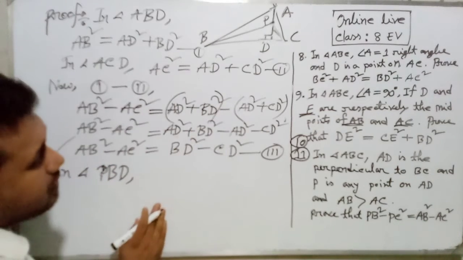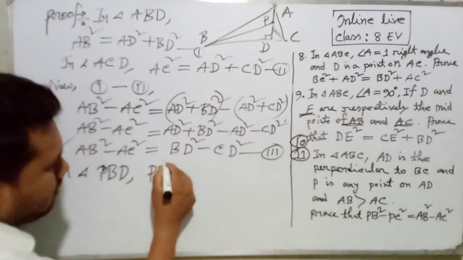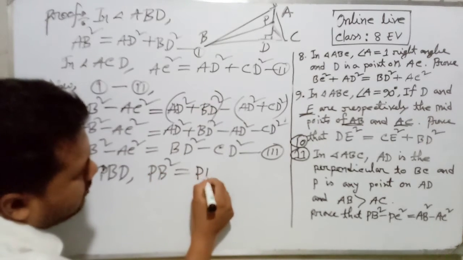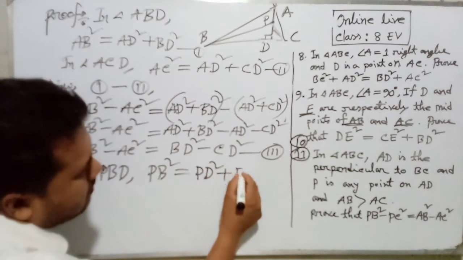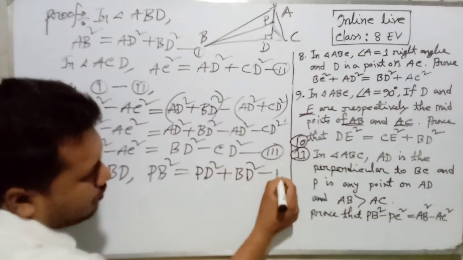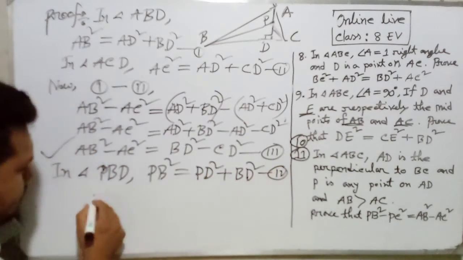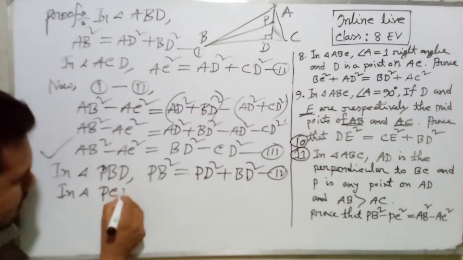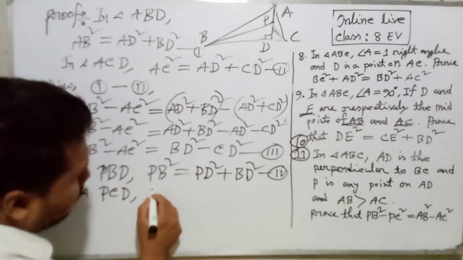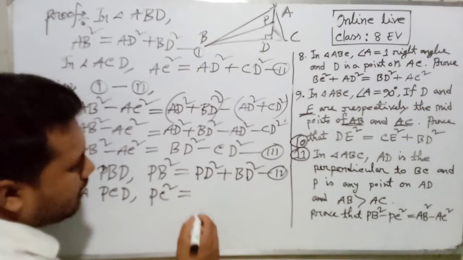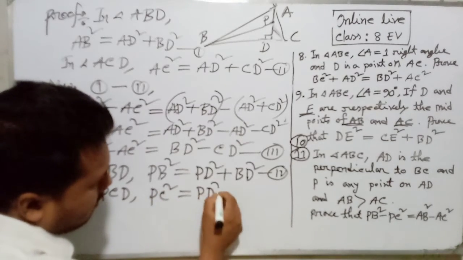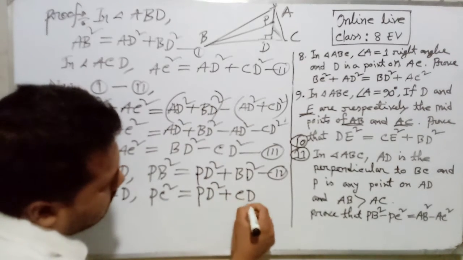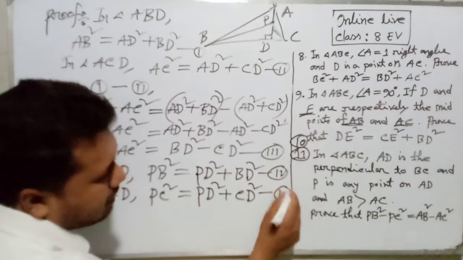Now we can write in triangle PBD, PB square equal PD square plus BD square. Suppose this is our equation number 4. Now dear students, in triangle PCD, this is also a right angle triangle, we can write PC square equal PD square plus CD square. Suppose this is our equation number 5.